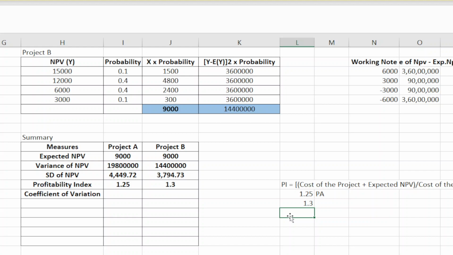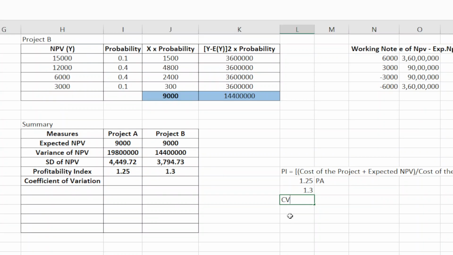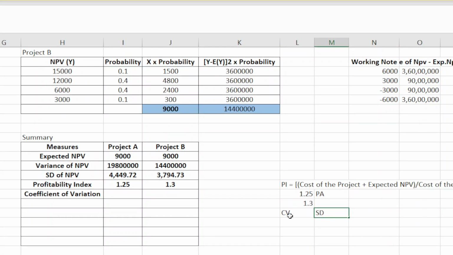So, what is the formula for the coefficient of variation? CV equals standard deviation divided by expected NPV, into 100. This is my formula for calculating the coefficient of variation.